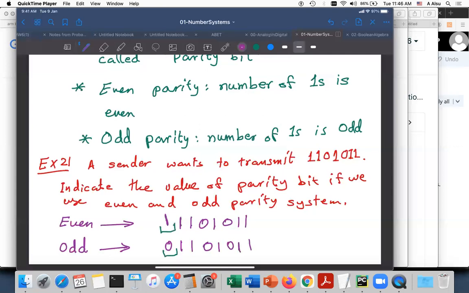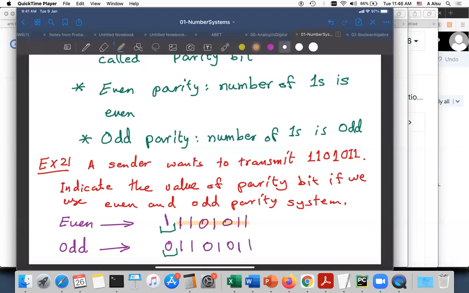Is that clear? No, doctor, I don't get it. Okay, what's not clear here? Why the 1? So this is given here. This is the message. I want you to count the number of ones in the message. How many ones are there? 5.